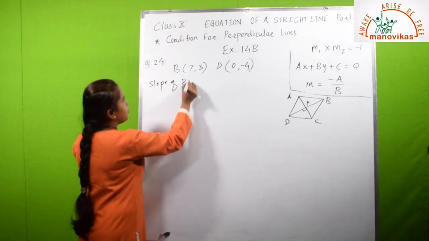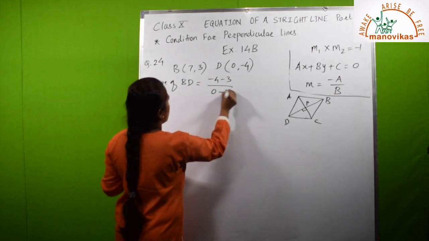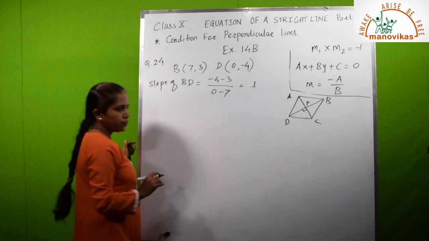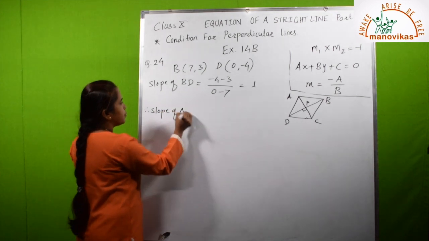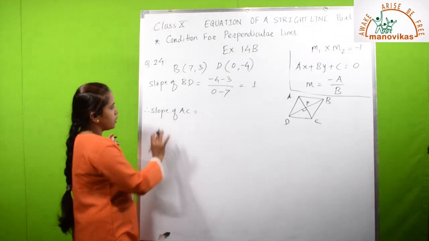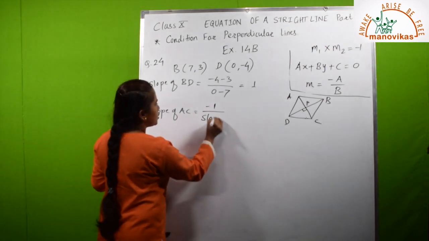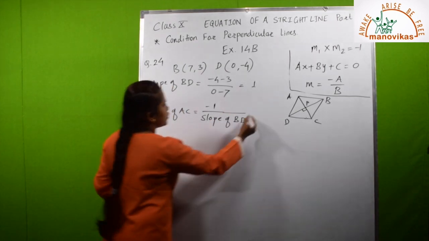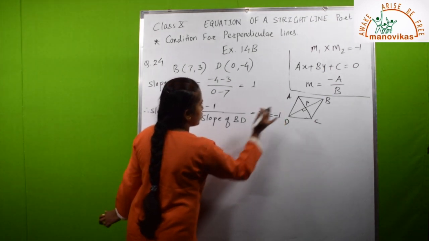Slope of BD is equal to minus 4 minus 3 upon 0 minus 7, that is equal to 1. Okay, therefore AC and BD are perpendicular to each other, so slope of AC will be minus 1 upon slope of BD. So it is equal to minus 1 upon 1, that is equal to minus 1.